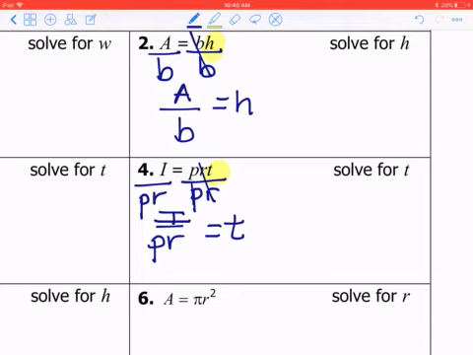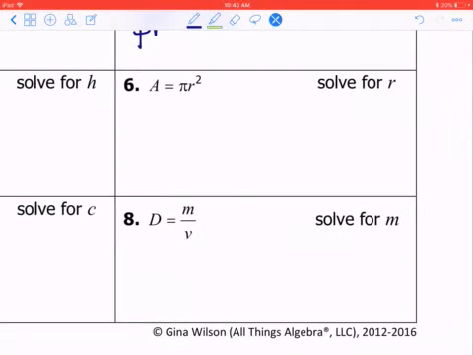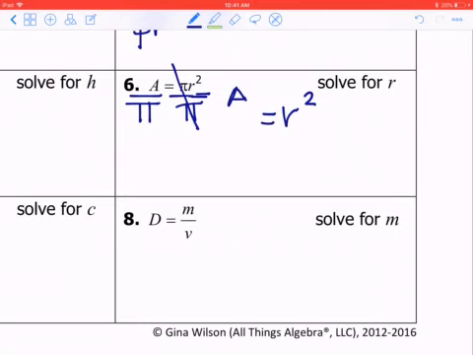Number 6, we're going to solve for r, and you'll notice that it's r squared. All of this is being multiplied, so I'm going to divide each side by pi. Pi cancels, and I'm left with r squared equals a over pi.